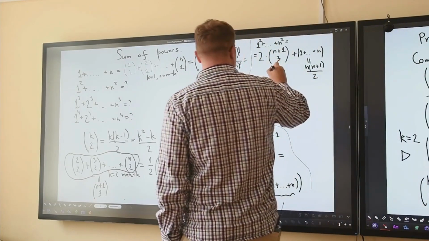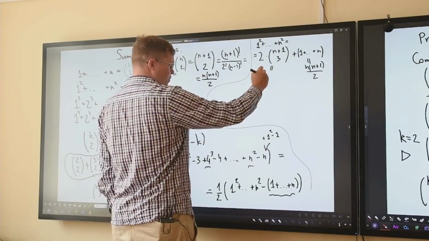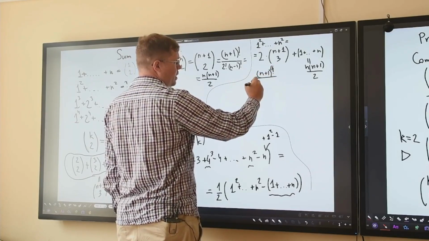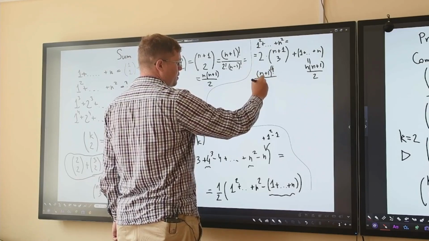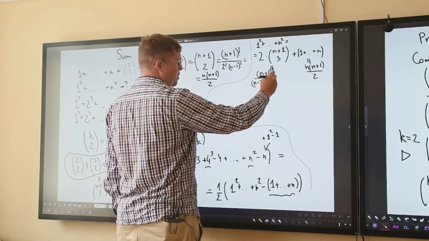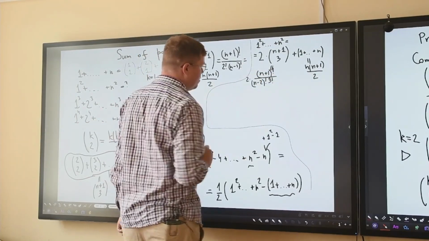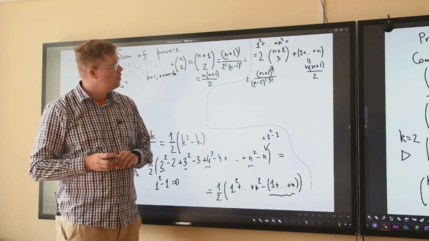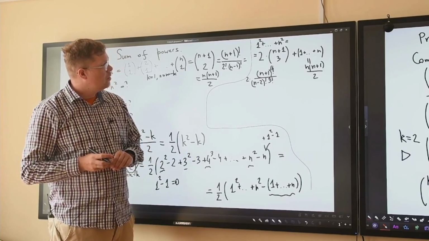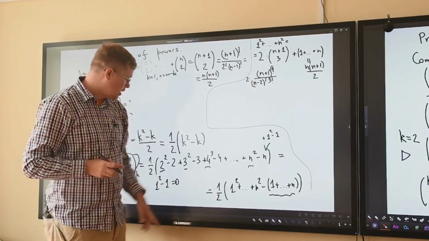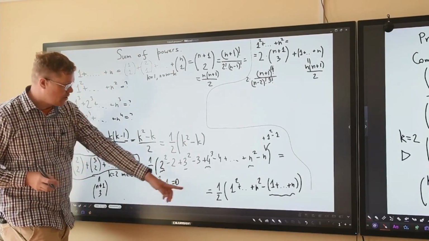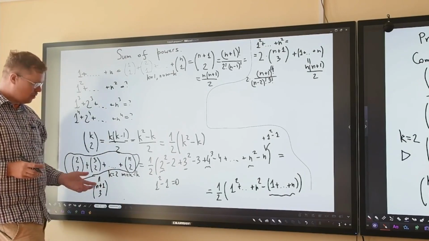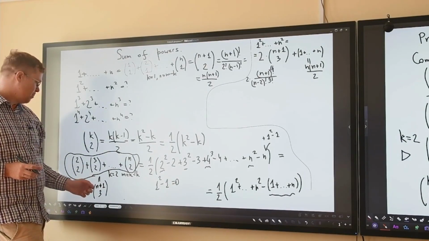And n plus 1 choose 3 is, by the formula, n plus 1 factorial divided by n minus 2 factorial times 3 factorial. Sorry, the first coefficient should be 1 or 2 instead of 3? Here? Yes. Because I have 1 over 2 here, so I multiply all parts by 2. And so here will be 2 times n plus 1 choose 3.